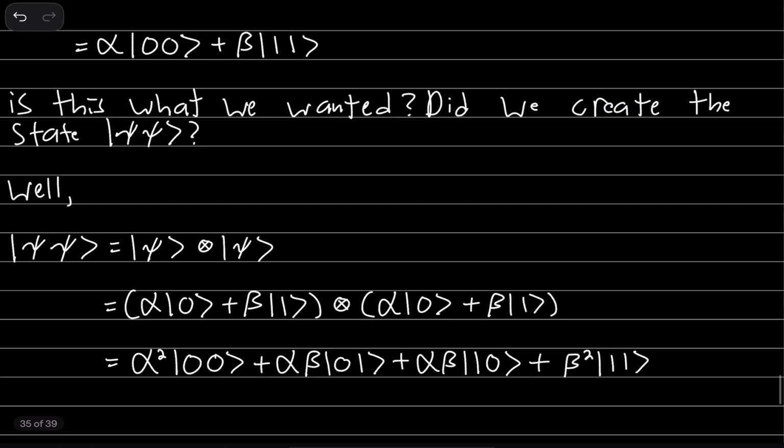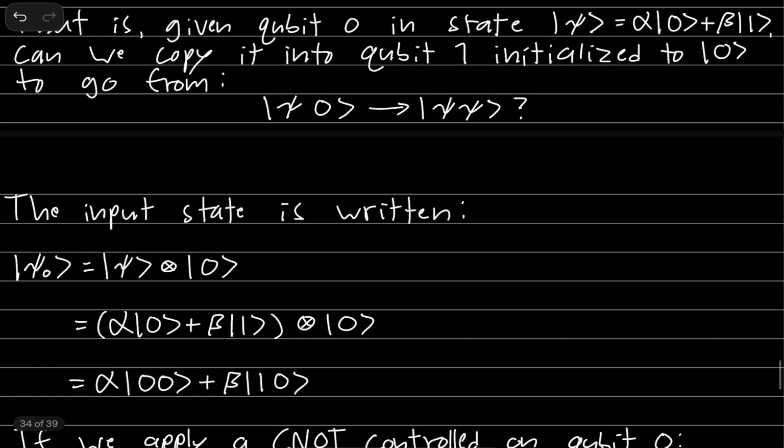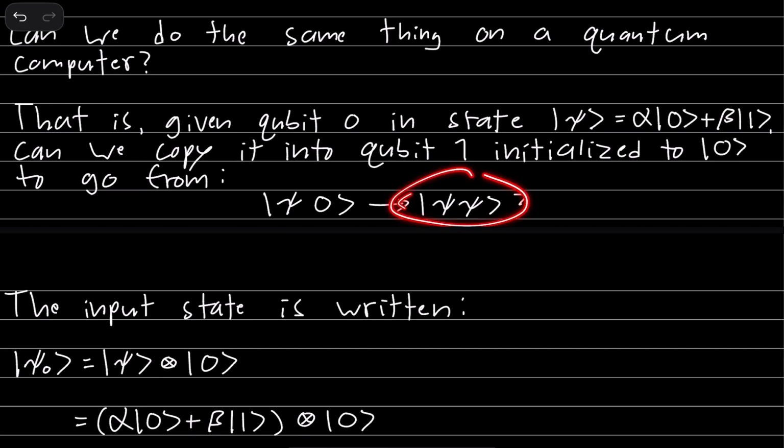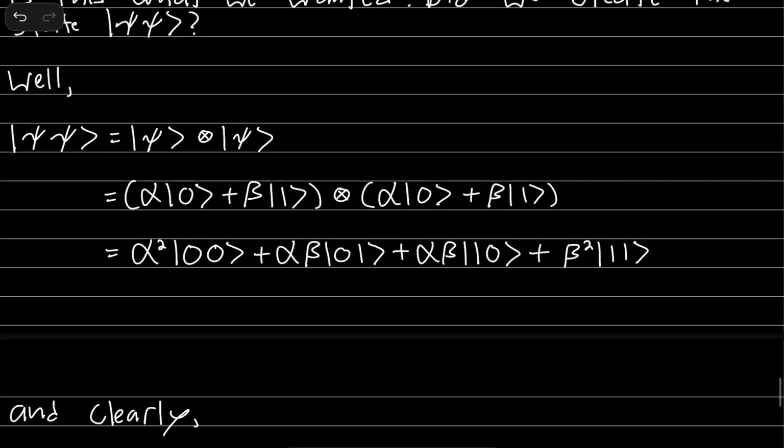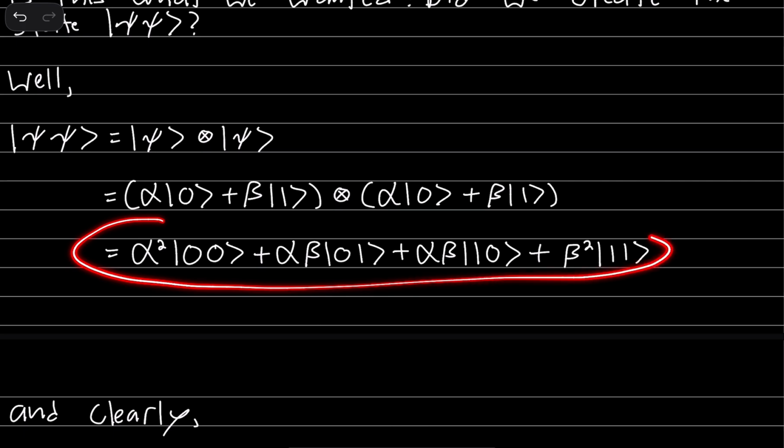Let's figure out what the state psi psi actually is, because that's what we're trying to see if we can get. We applied CNOT to this, and we're trying to see if that equals this state here. Psi psi is just psi tensor product psi; we expand and distribute, and you get this state here.